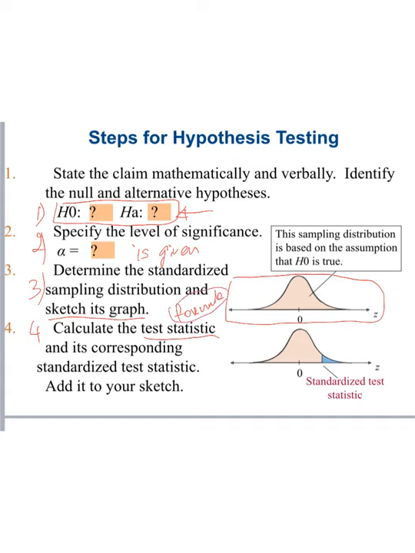I'm saying formula, but of course after you get comfortable with the formula, you incorporate technology and it becomes faster. So calculate the test statistic and its corresponding standardized test statistic and add it to your sketch.